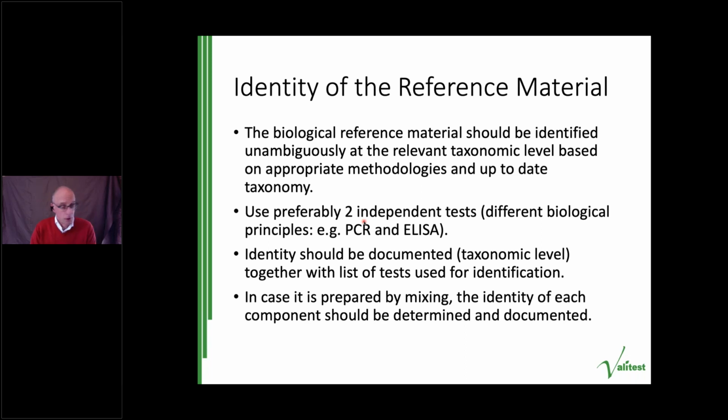That's not always possible, and that's why we say preferably. But basically you should try to identify your material with two independent tests. It should be documented, as I said before, and in case you prepare it by mixing, the identity of each component should be determined and again also documented.